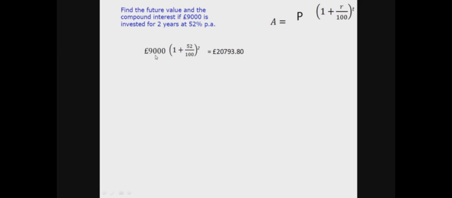You also substitute the principal before the brackets, which is 9,000, the starting amount. Over the period of 2 years, I get £20,793.80. Hope you understood this.